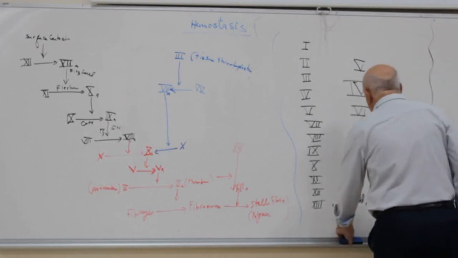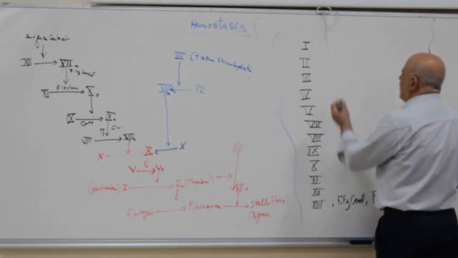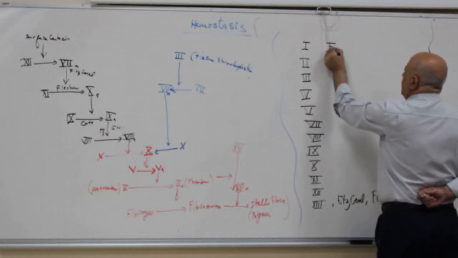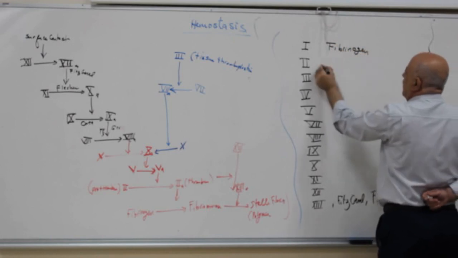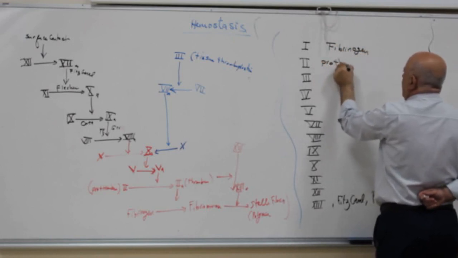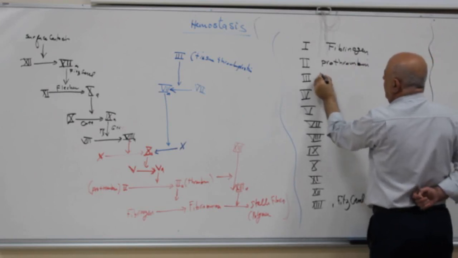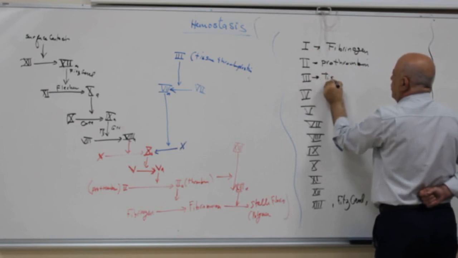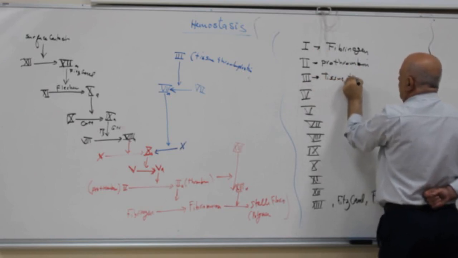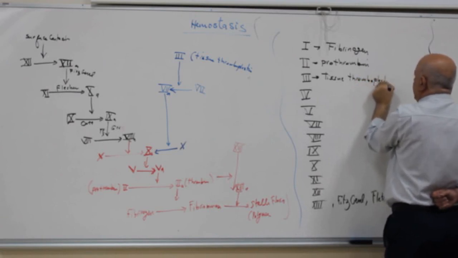All right, now, each of these clotting factors has a name. The first one is, as you said, fibrinogen. Second, prothrombin. Third, the 3 is tissue thromboplastin.